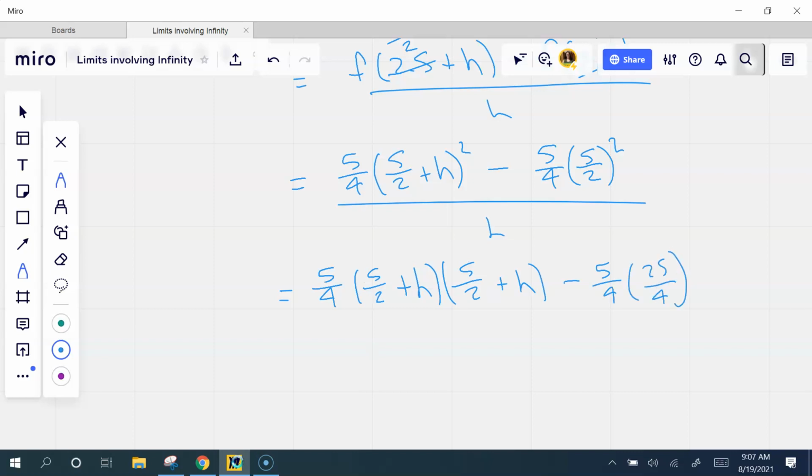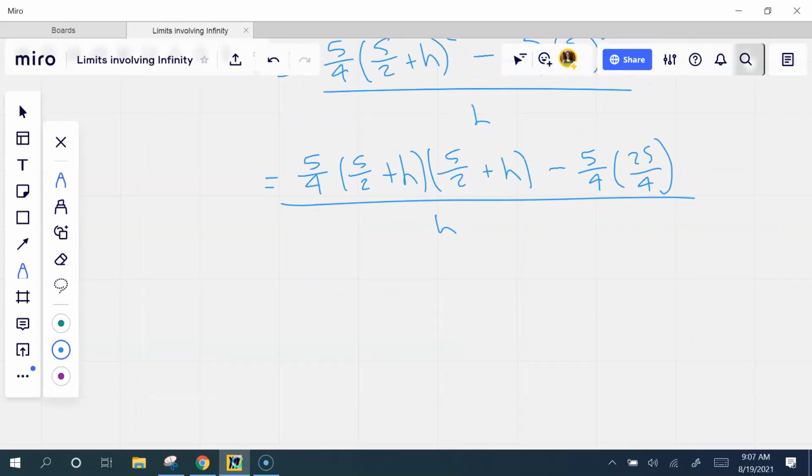It doesn't have to be exact. 5/2 plus 5/2 is 10/2, which is 5.